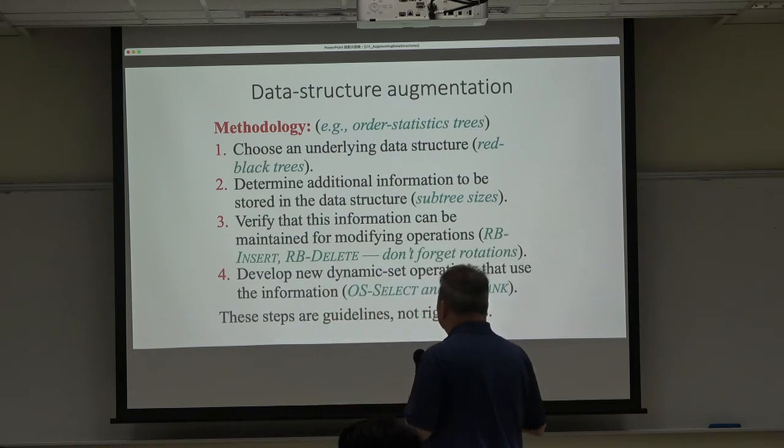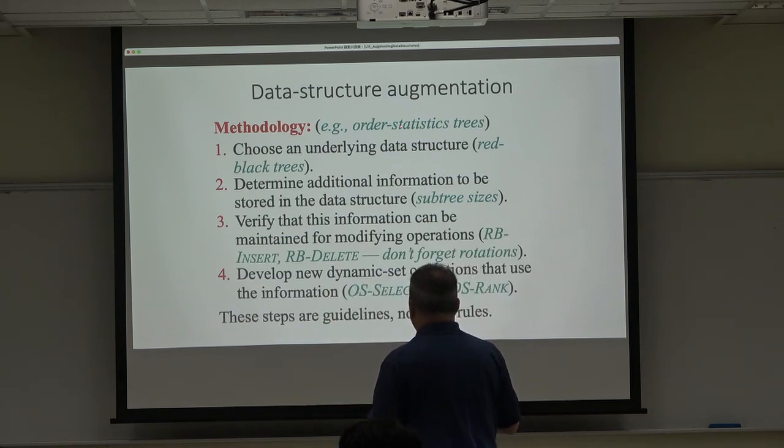And you can determine additional information to be stored in the data structure. So take order statistics as an example. For each node, you are storing a subtree size, right? And then you verify if this information can be maintained without increasing the time complexity.